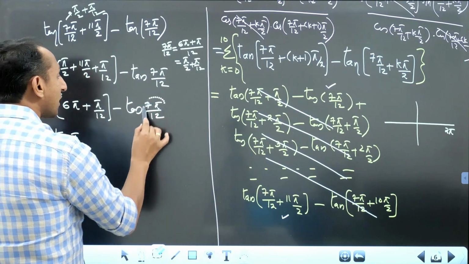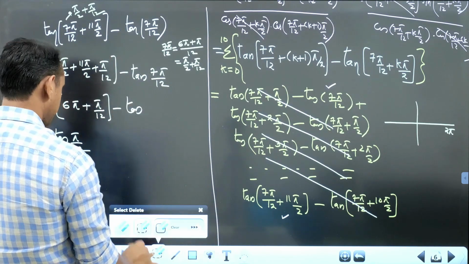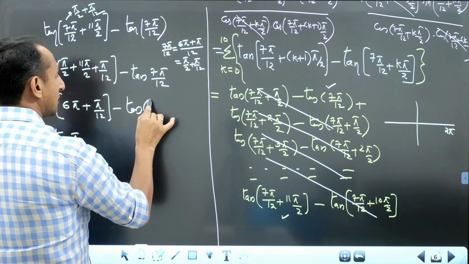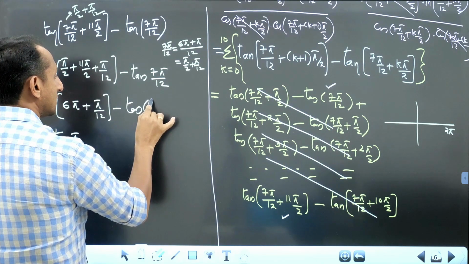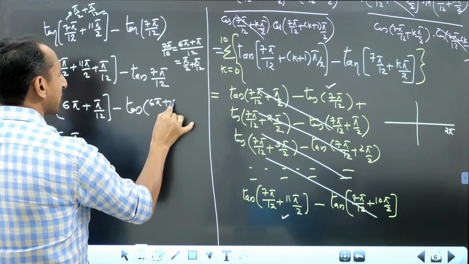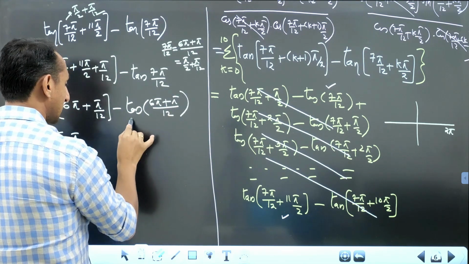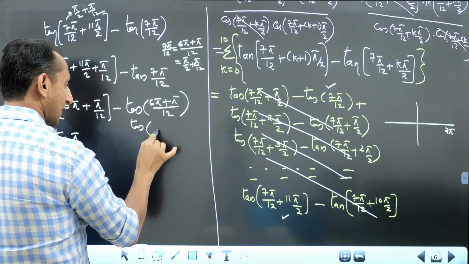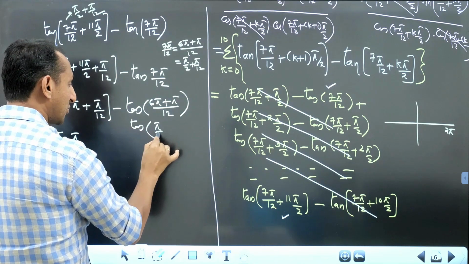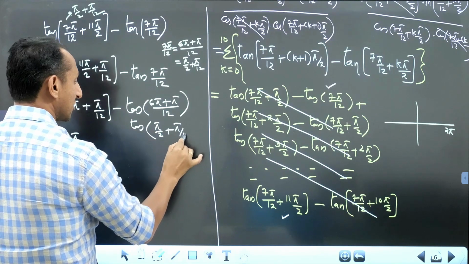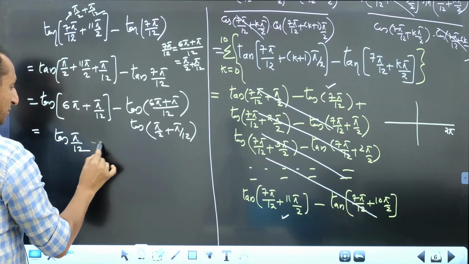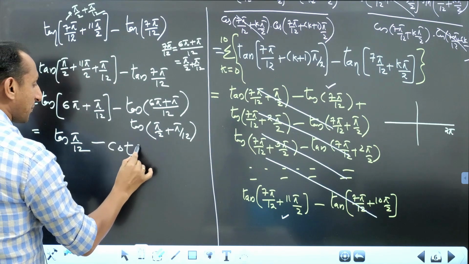This term I wrote as 6π plus π/12. What happened to the other term? Tan of (π/2 + π/12) becomes cot π/12.